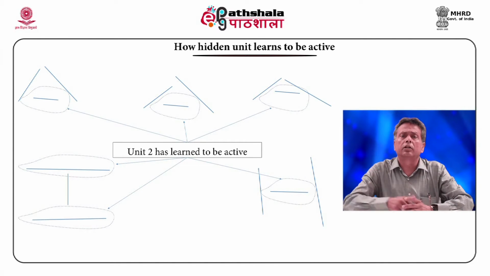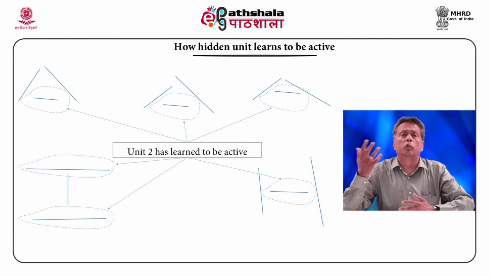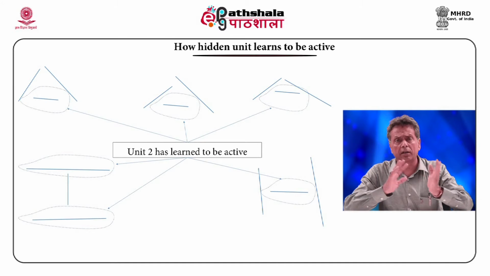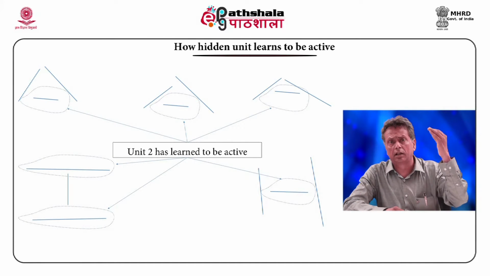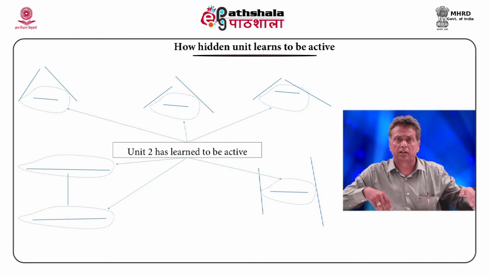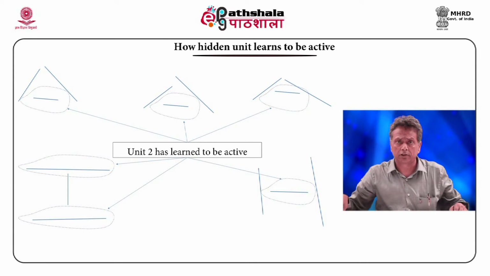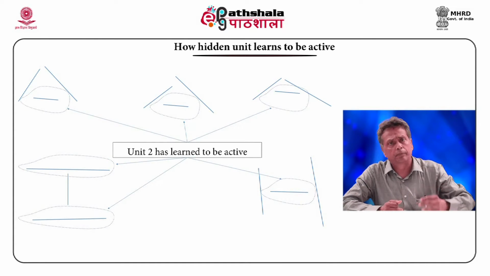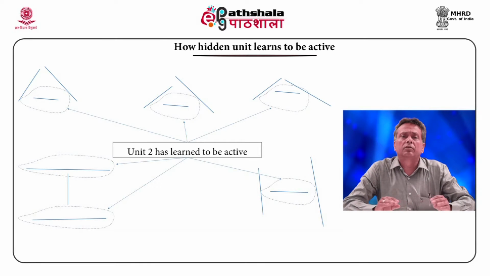How an output unit learns to remain active when, for example, A is provided to it is again pretty simple. It just looks at 3 hidden units: one slanting line going left to right up, the other slanting line going left to right down, and the third one horizontal.